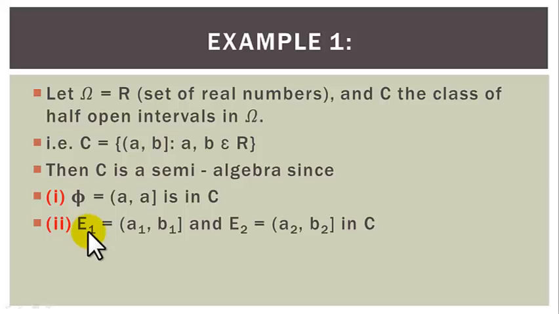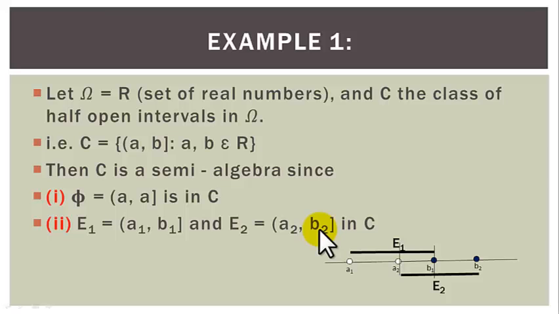Let E1 be this half-open interval from a1 to b1, and E2 be this half-open interval from a2 to b2. Both of them are elements of C. Let us use this diagram to illustrate these two sets. This is the real line.